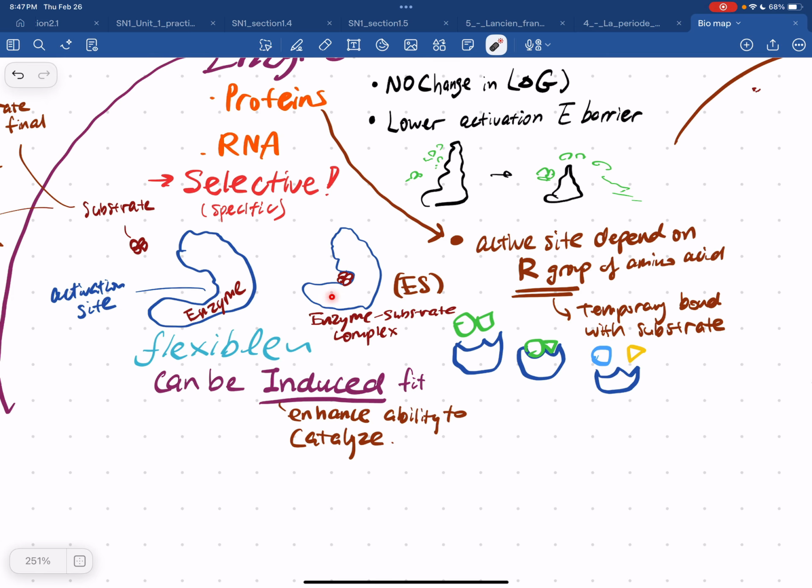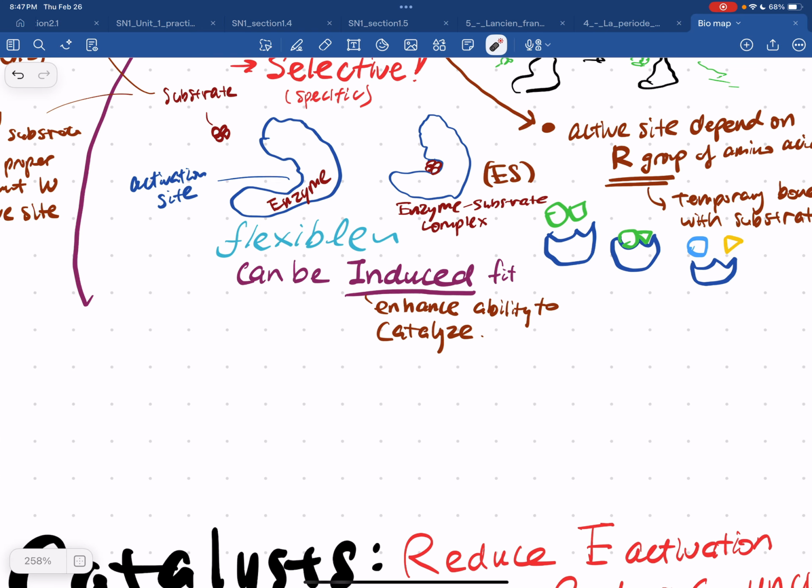So it has to do with the R group in the middle right there. Enzymes are very specific, which means only specific substrates can bind. So there is the induced fit. Induced fit is all about how the enzyme is flexible and is able to change its final shape depending on the substrate. So the substrate plays a role in determining the final shape of the enzyme, and enzymes are flexible.